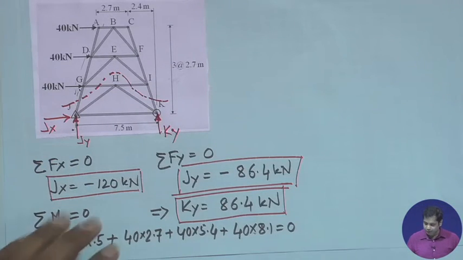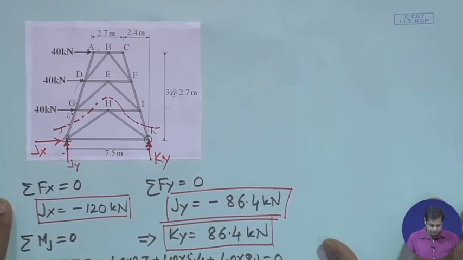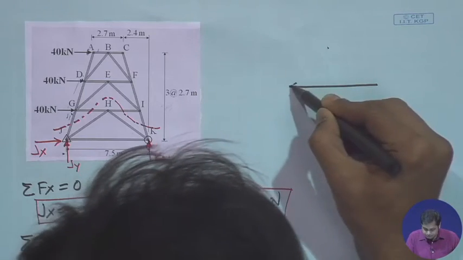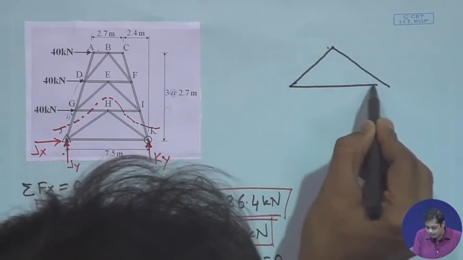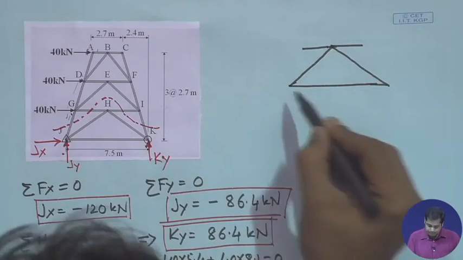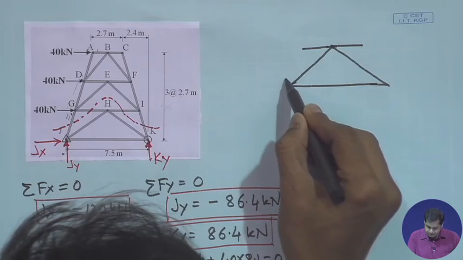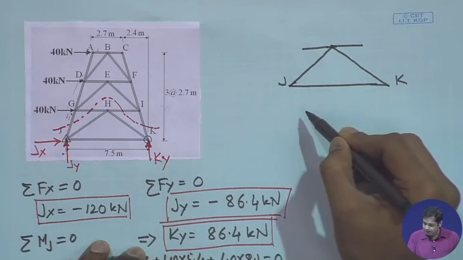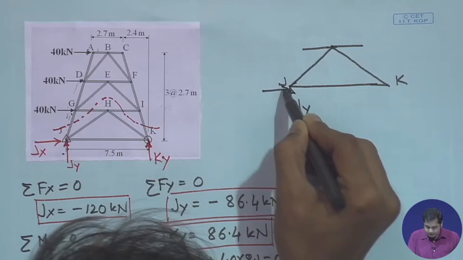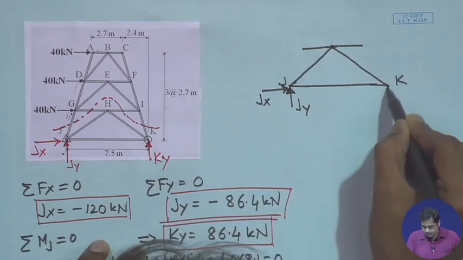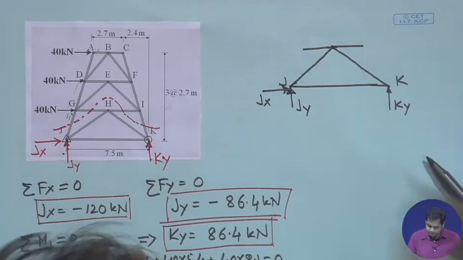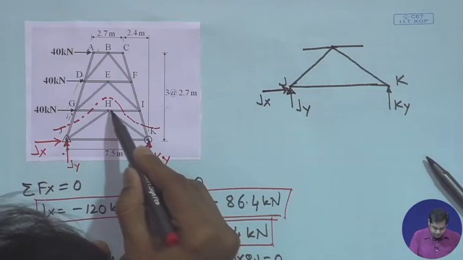If we take the free body diagram of this part, this is J, this is K, and this is Jy, the support reactions, this is Jx, this is Ky, and this member is HI.